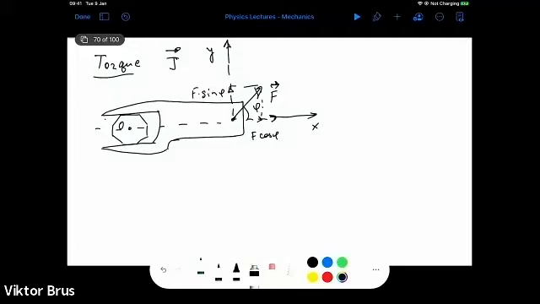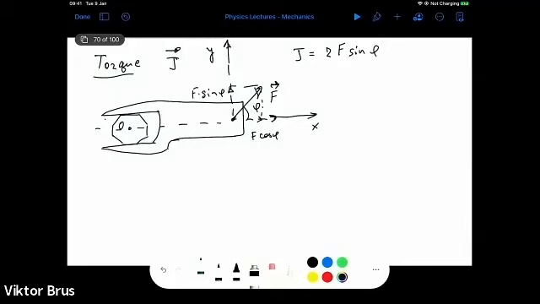So the torque, the tendency of rotating this rigid system of bodies about axis O, will be defined as the following. Its absolute value will be R times force times sine phi.